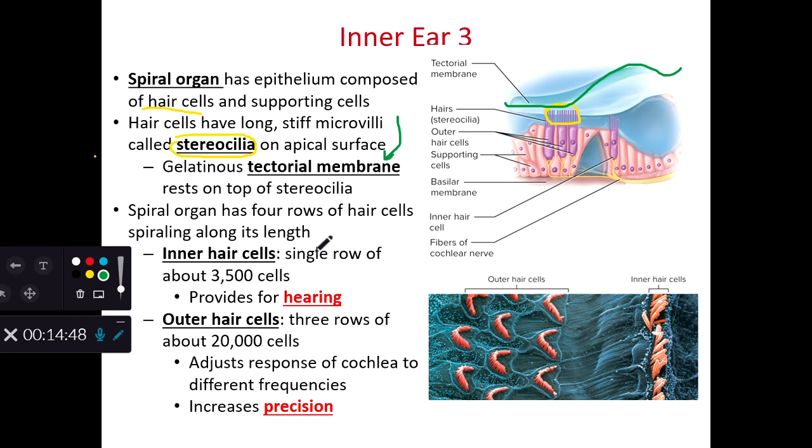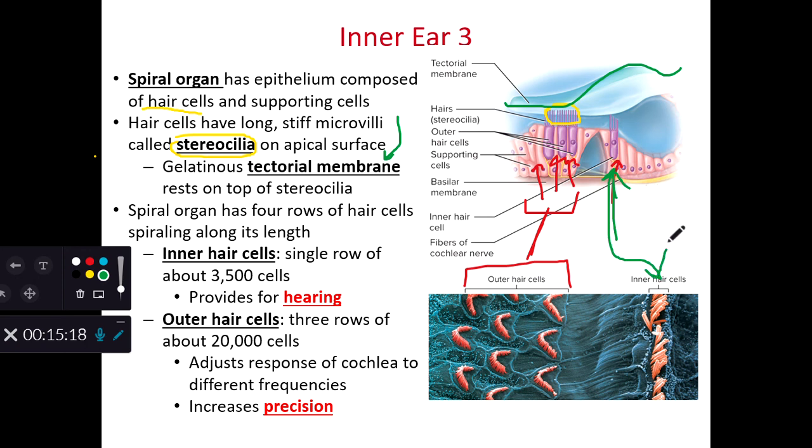And the spiral organ will have 4 rows of hairs spiraling along. So we have 1, 2, 3, 4. 3 rows that are super close together, and then the 4th row which stands alone.